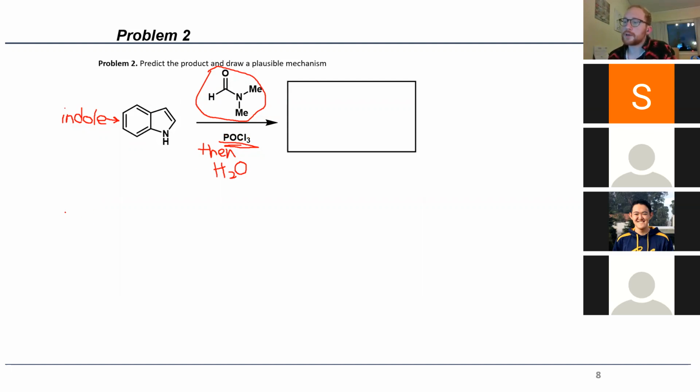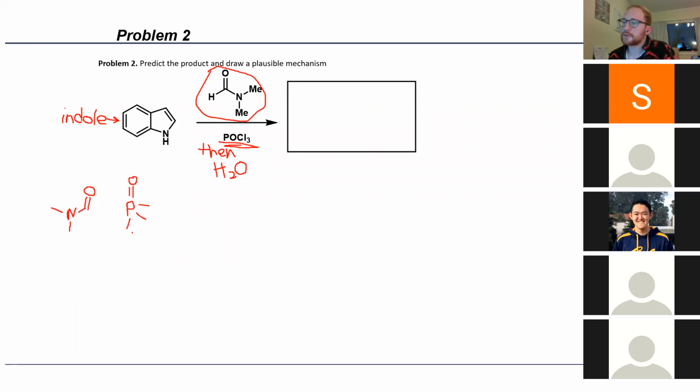And so the way this activation works is we have DMF here, and our phosphorus species is electrophilic phosphorus and loves to make oxygen-phosphorus bonds.